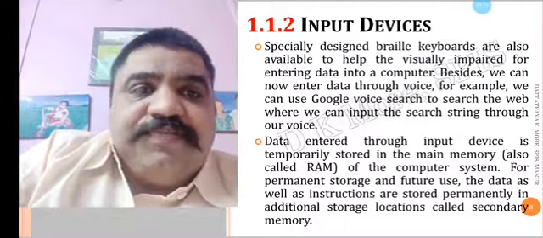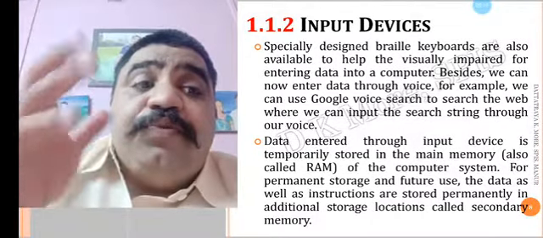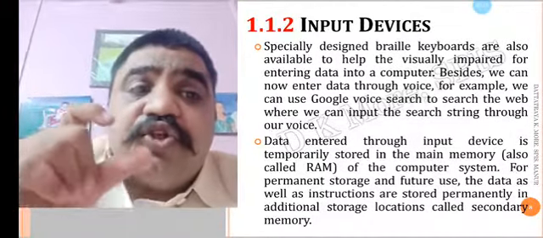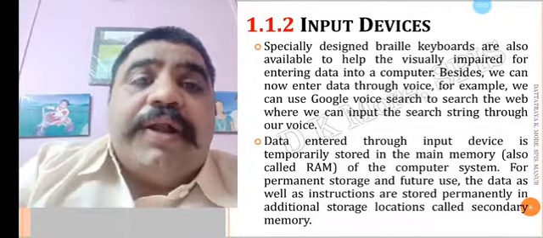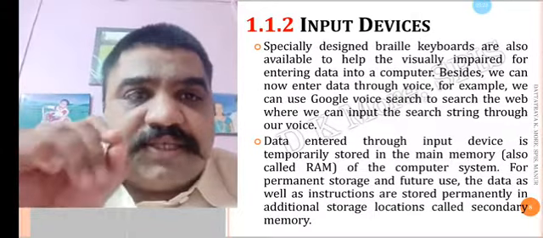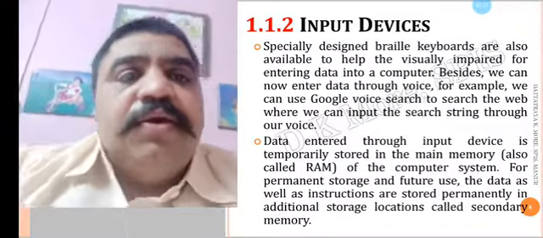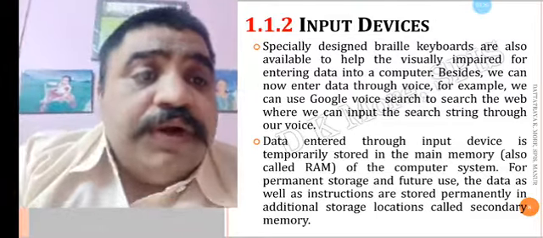Data entered through an input device is temporarily stored in the main memory, that is MU, also called RAM, random access memory, that we are going to see further. Types of memory we are going to learn, don't worry about it.